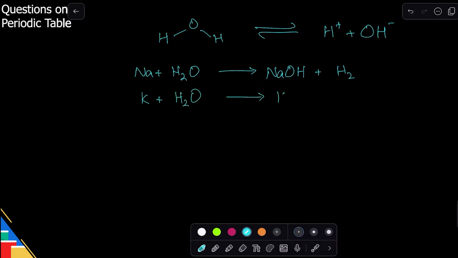Potassium also displaces it. वो H positive की जगह आ जाता है, and you get that with OH. So KOH plus hydrogen gas निकल आती है. And same for anything else in the periodic table. But the key difference between these is that this is a fast reaction and this is an explosive reaction.